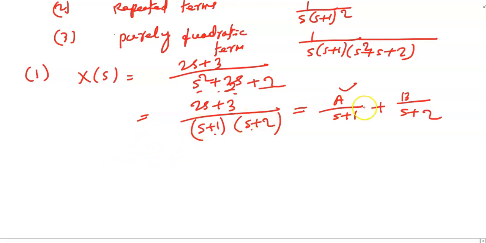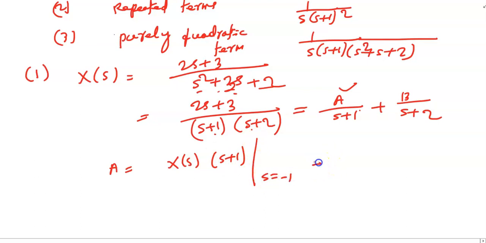So here you can easily find out the way you have done in your intermediate courses, by equating the coefficients of left hand side and right hand side. But you can also easily calculate A by another technique that Heaviside invented: multiply (s plus 1) both sides. So A equals X of s into (s plus 1) evaluated at s equal to minus 1.